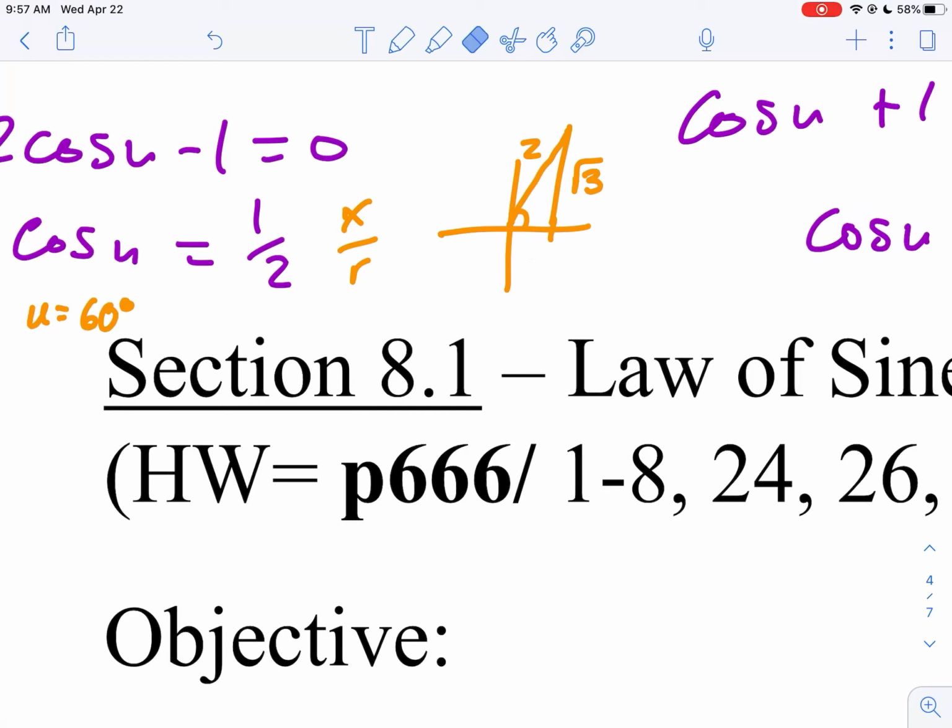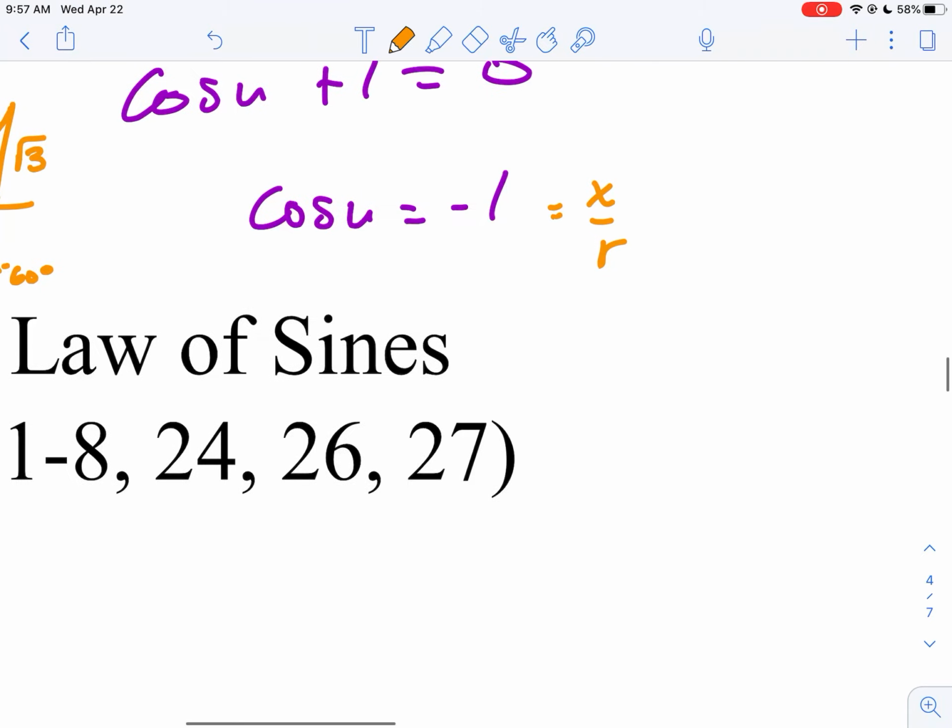But then you also remember there's another solution, right? Where else is x going to be +1 and r is going to be 2? That happens down here. X is still 1, r is still 2. And so that's going to be 60 degrees this direction. And so I take 360 minus 60. That's going to give me 300 degrees as a solution.